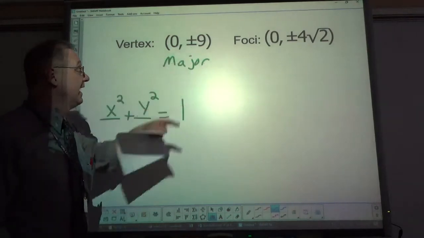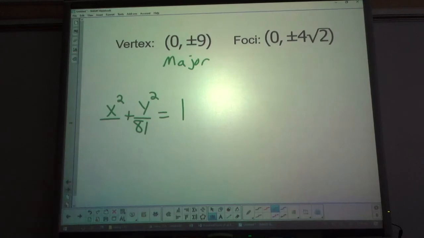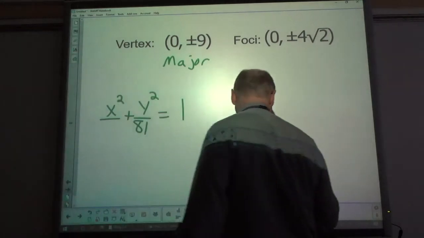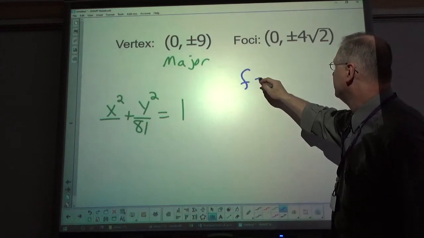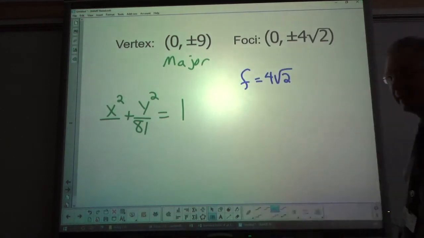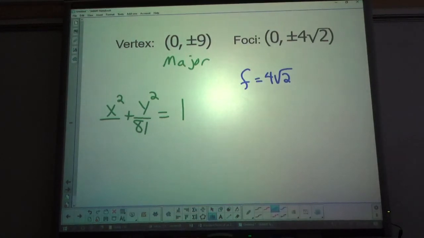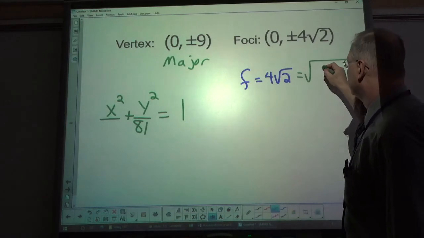The 9 squared is 81. That much we know. We need to figure out what a is. Well, we know that f is 4 square root of 2. Okay. How do I find f? It's the big denominator.